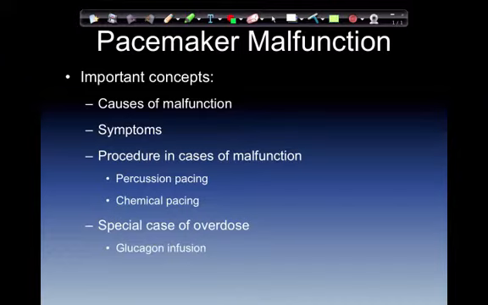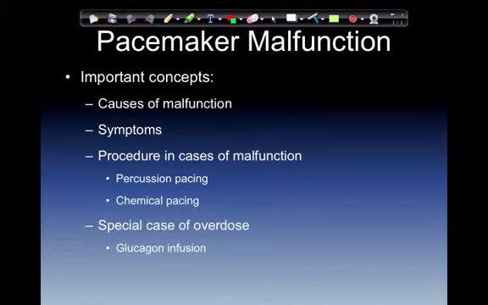Procedures in the case of malfunction: obtain the most recent program code, obtain the date when the pacemaker was inserted, ask the patient to provide their resting heart rate, obtain an EKG, preferably in lead 2, assess the underlying native rhythm, and assess for capture. Percussion pacing can be performed as well, and this is kind of like manual pacing, performed by applying sharp blows to the chest in the same manner as a precordial thump, but with 1/4 of the force.